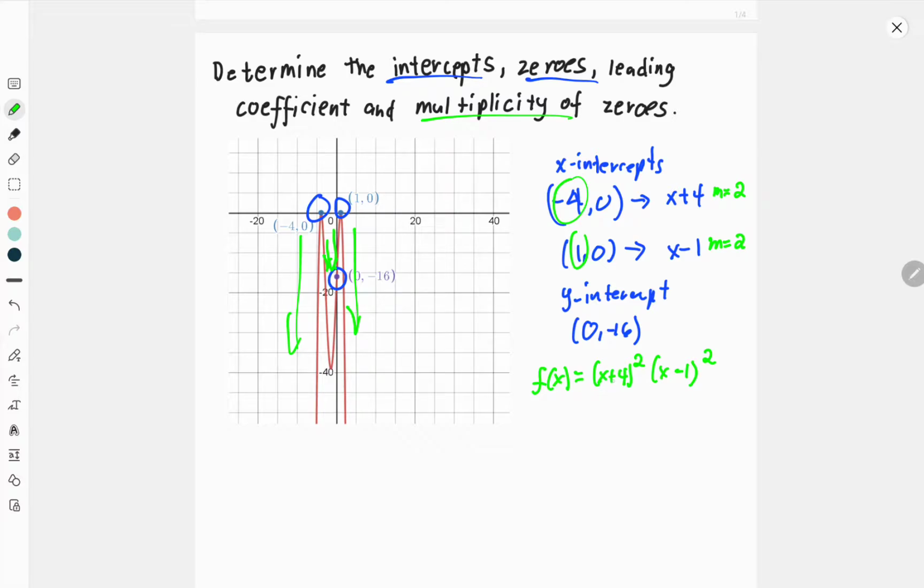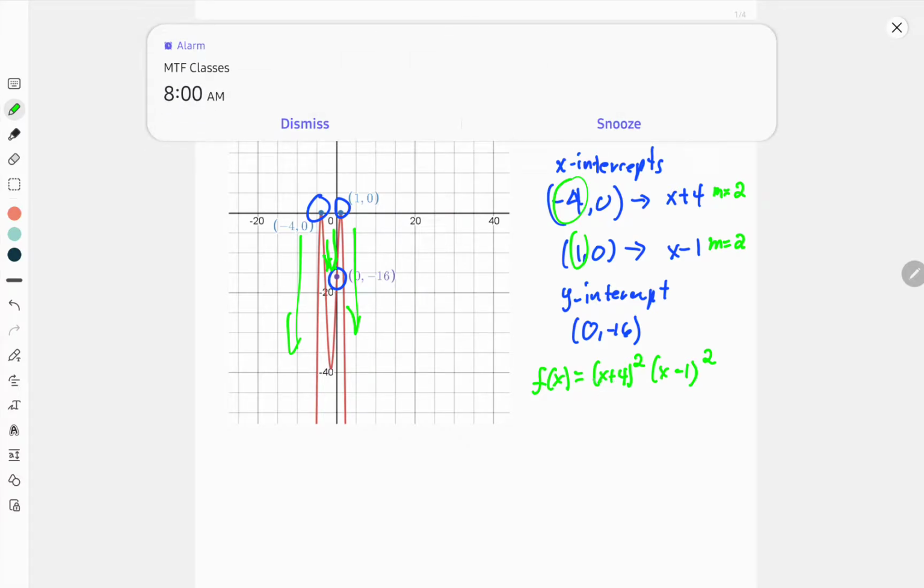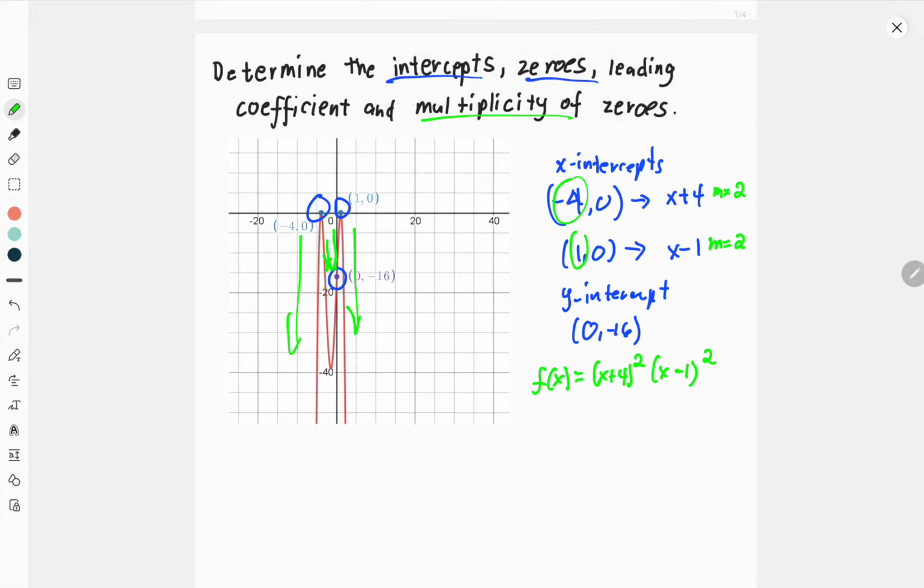Now when you multiply this one, this would be x times x, that would be x squared, and this x. So I think the leading coefficient, I would put it as c, that would be equal to 1. Sir, how about if we ask now, how did you get negative 16? So you get the square of this one. 4 times 4, that would be 16, and then 1 times 1.